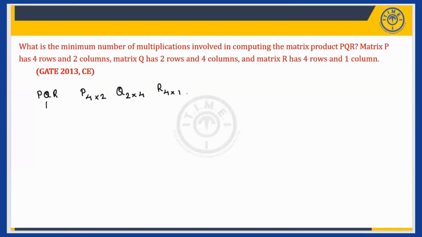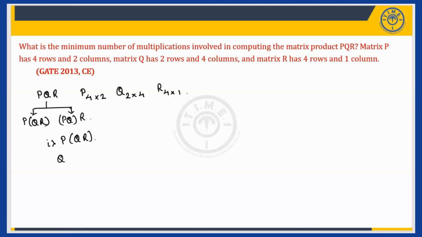We can obtain this PQR in two different ways. As I said, matrix multiplication is associative: P times QR and PQ times R. Now, in the first case, P times QR.